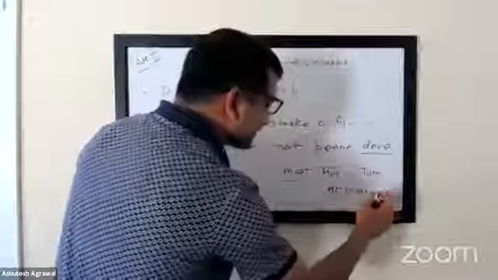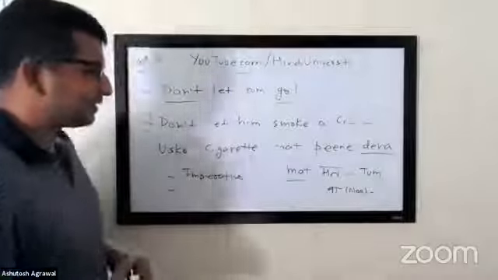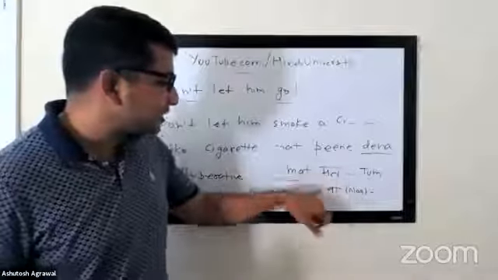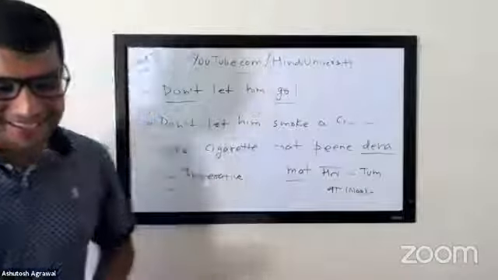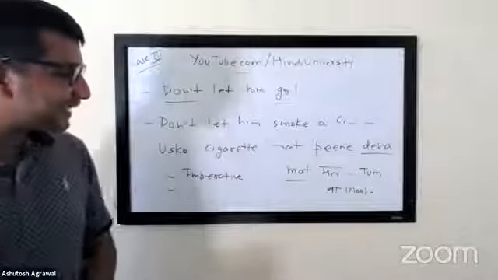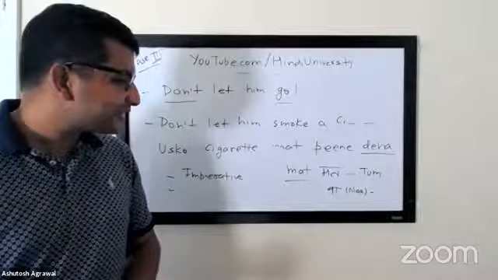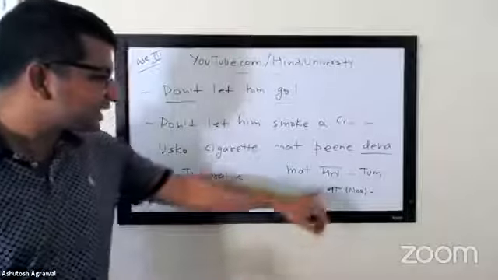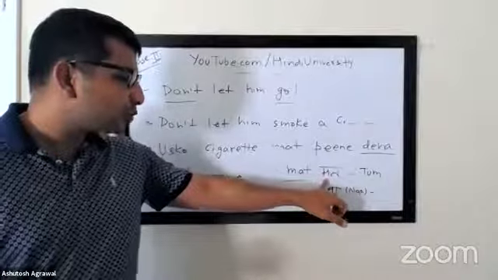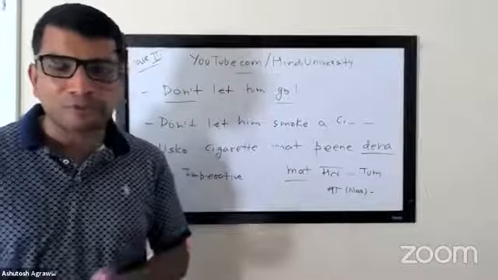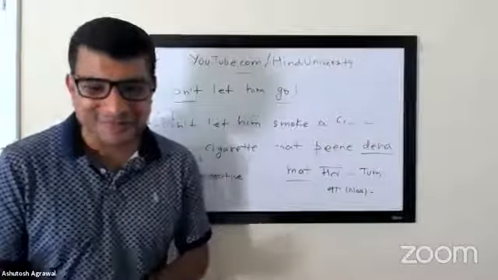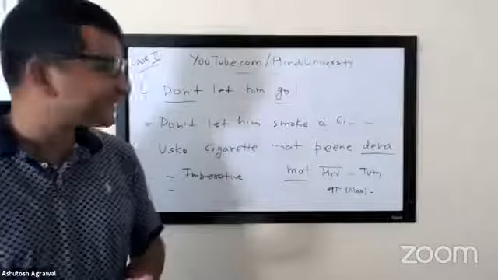Yeah, they are interchangeable. Okay. I'm trying to make sure I have all the grammar straight. No, I won't really put that additional rule here. It's interchangeable, right? I will use the same thing. Usko cigarette mat peene do or unko cigarette mat peene do. Then it's for imperatives. They don't leave room for question or discussion. It's like this is what you're not going to do.